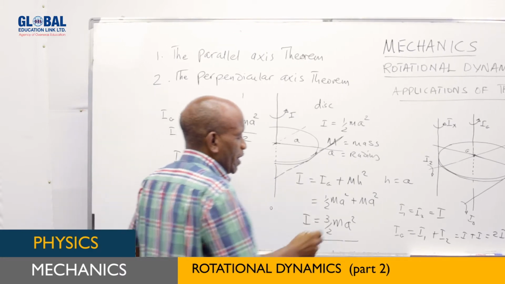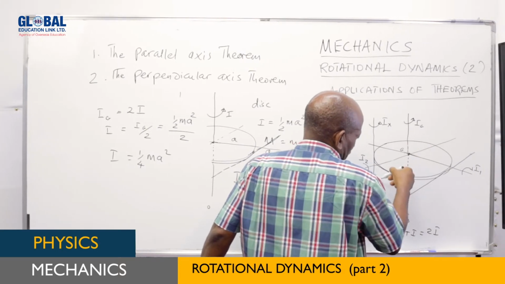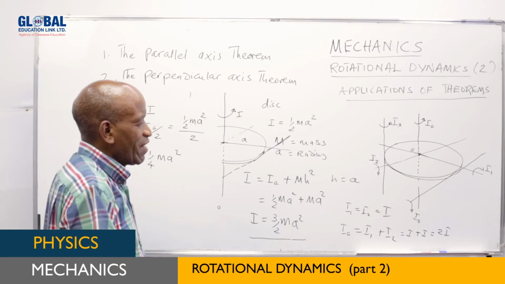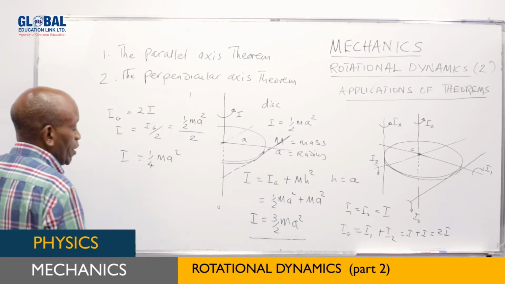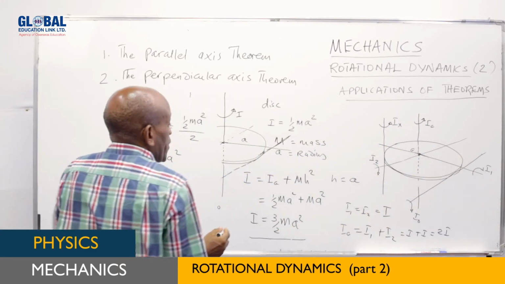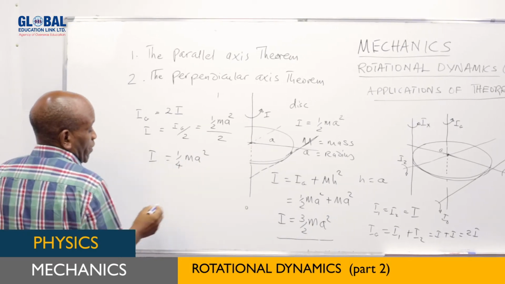If I have obtained that, it means that this particular axis, in any direction, can be parallel with an axis that is passing on its edge. And then I'm going to use the parallel axis theorem. To use the parallel axis theorem, the distance separating the two axes will be equal to the radius of the disk.